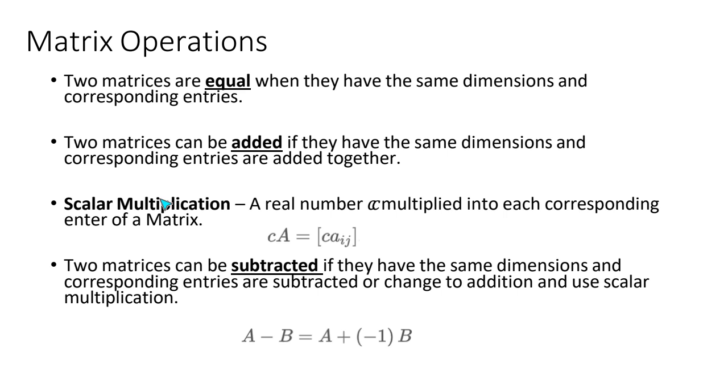So every entry will be multiplied by that number. And then two matrices can be subtracted if they have the same dimensions. And we also subtract the corresponding entries. So we can look at it as A minus B, or if it helps, we can write it as A plus -1 times B.